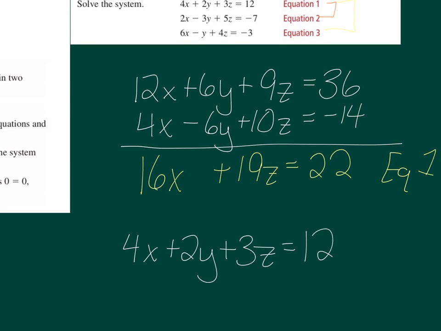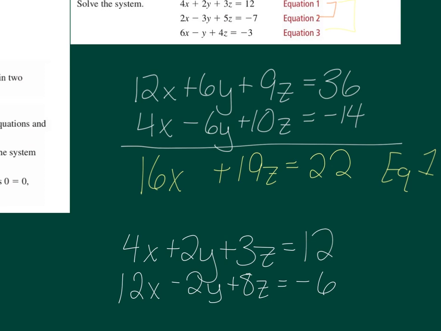My equation 3, I need to multiply by 2 so that my variable y will cancel. So I'm going to say 12x minus 2y plus 8z is equal to 2 times negative 3, I get negative 6.